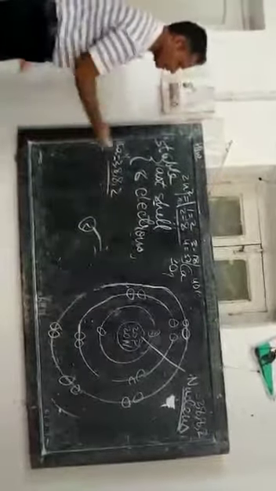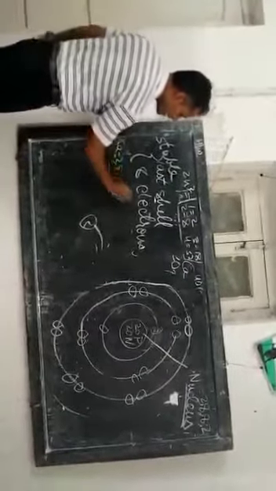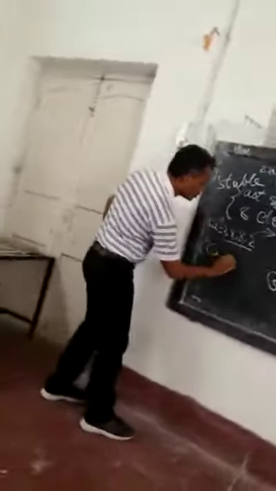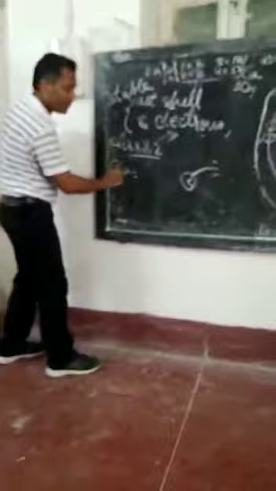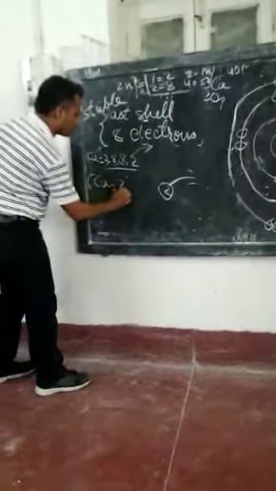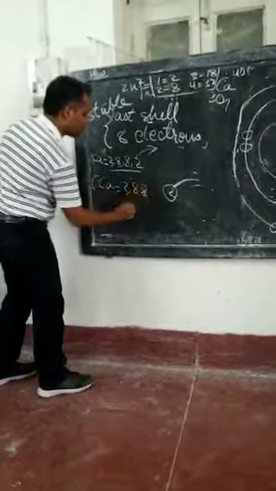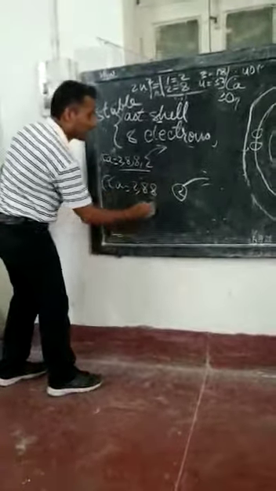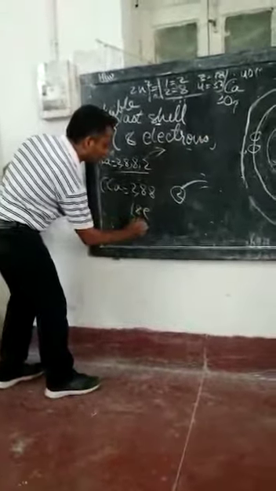What does calcium do? It gives away these 2 electrons. So now it is a calcium ion. This was an atom. When it gives electrons, it becomes an ion. 2, 8, 8. Now it has got 18 electrons when it becomes an ion, and protons 20.